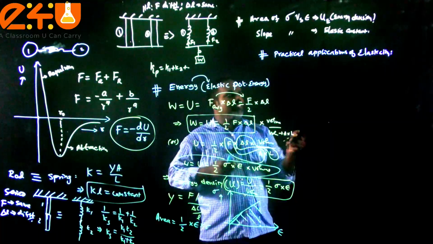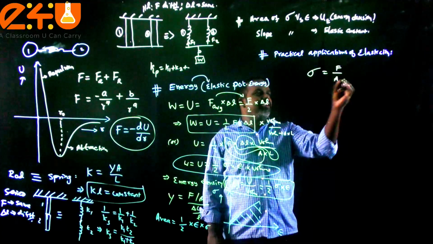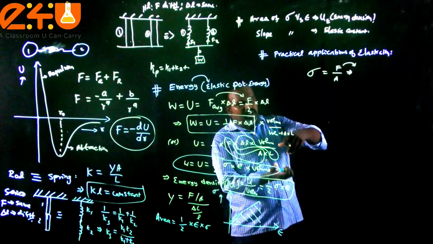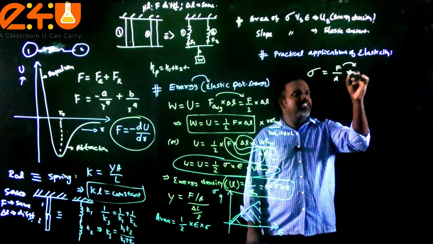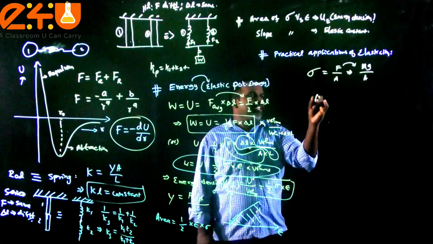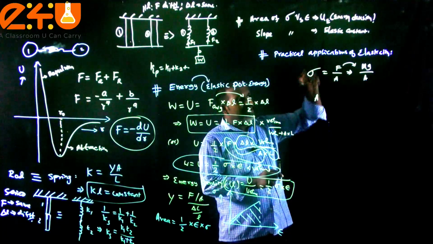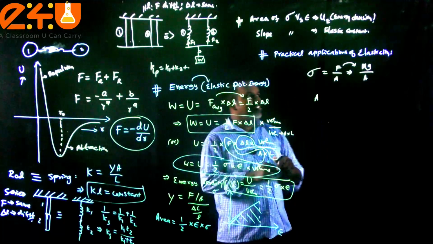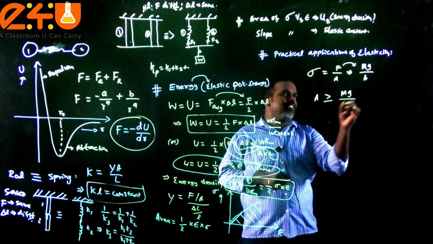We know that sigma is equal to force by area, where the force is the load, or the mass we are going to lift, written as mg, divided by area. From this, the minimum area of cross section of the wire or crane rope used to lift the mass is A greater than or equal to mg divided by sigma.